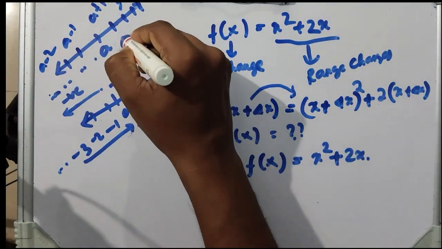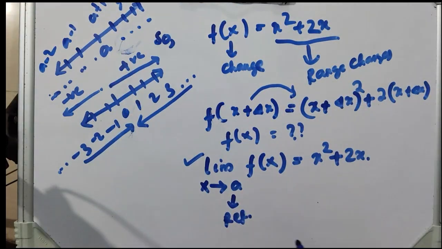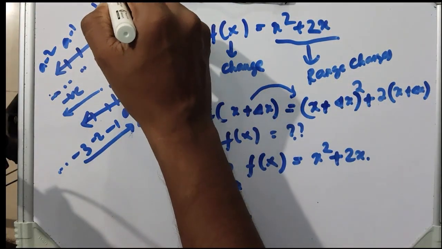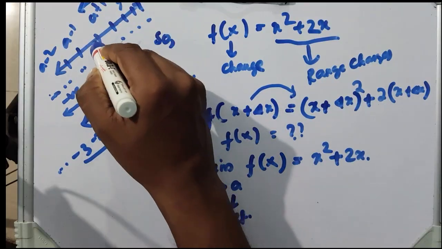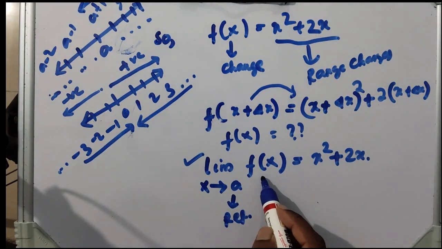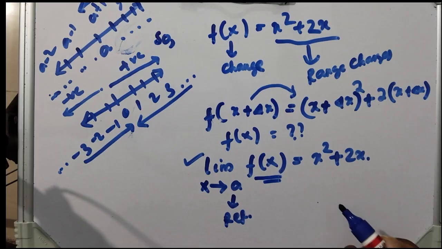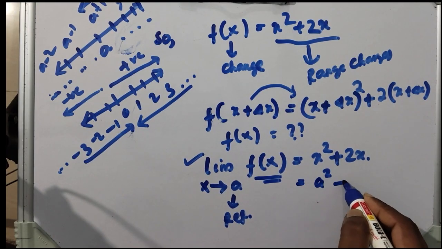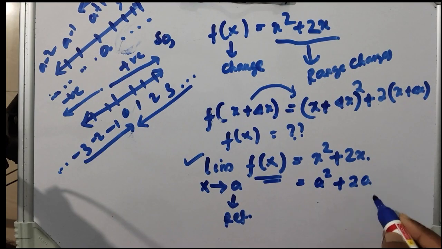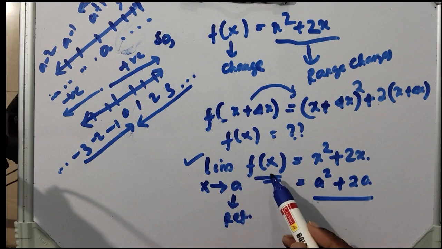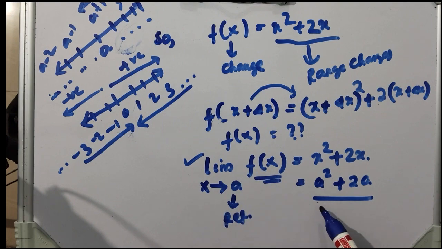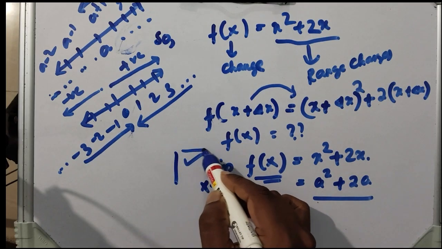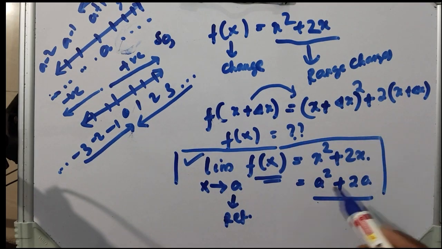Whatever the number may be, when x tends towards a, the f of x value is directly replaced with the value at a. So this is the representation of limit of f of x when x tends to a, and this is the basic representation; there is nothing more in this.